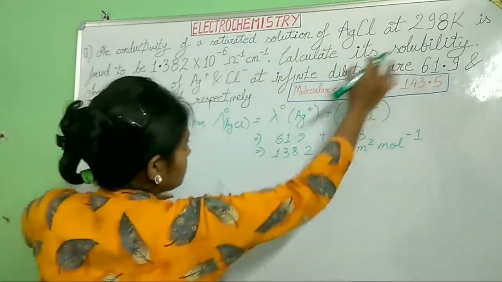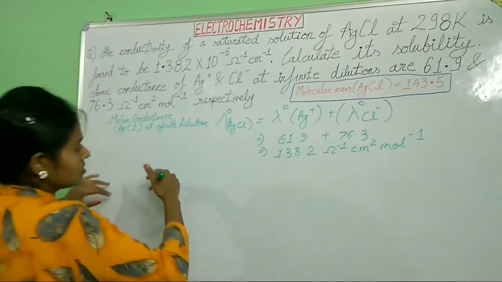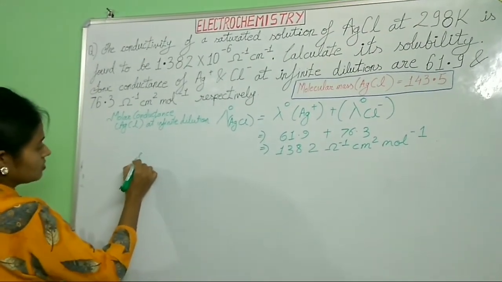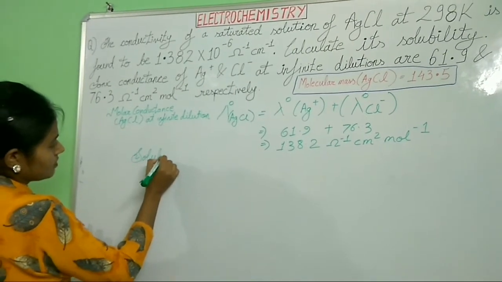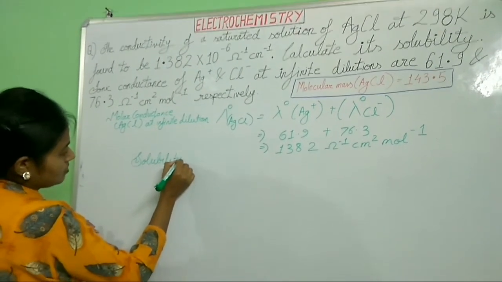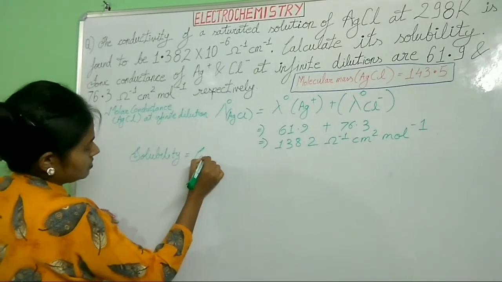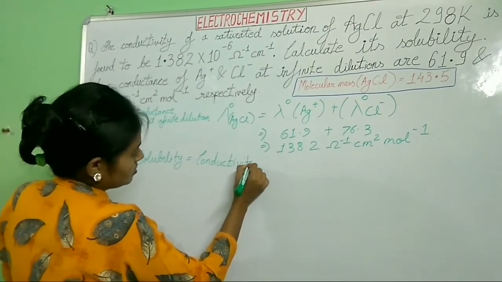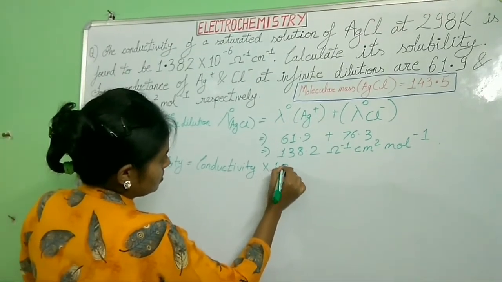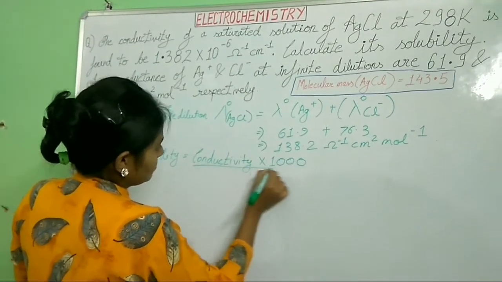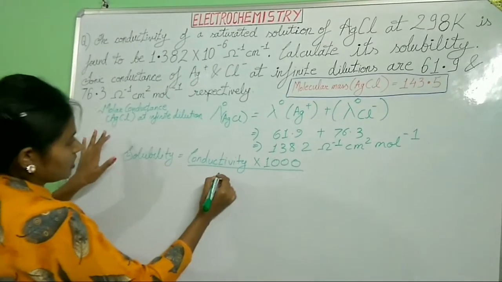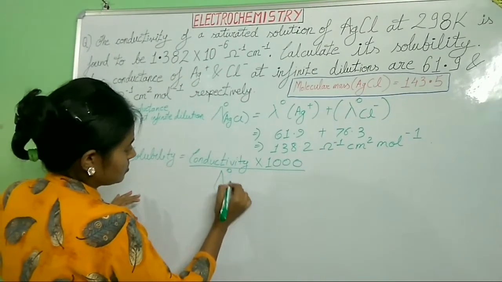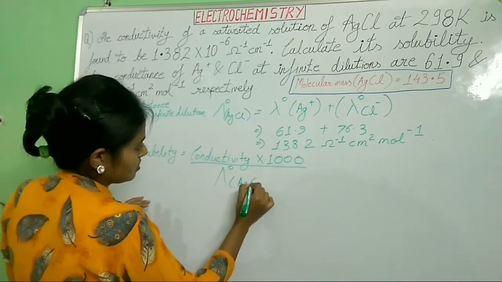We have to find out its solubility or concentration. So, how to find out the solubility? Solubility equals conductivity into 1000 divided by molar conductance at infinite dilution of AgCl, right?